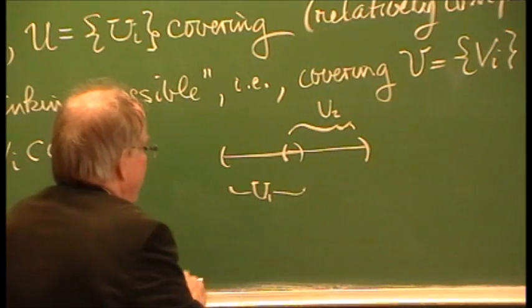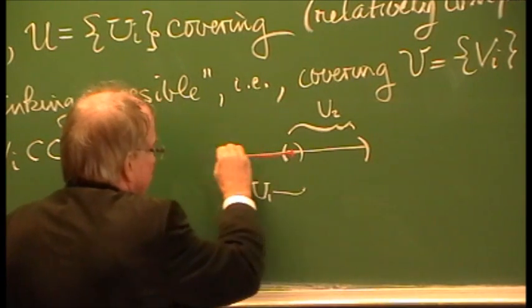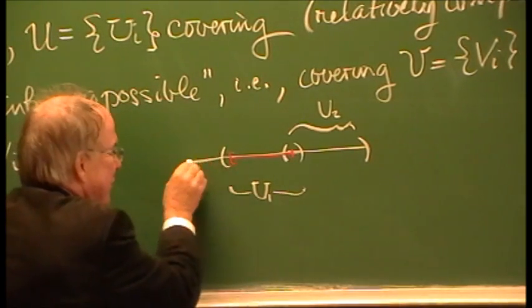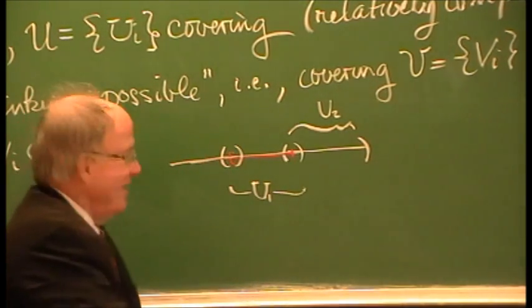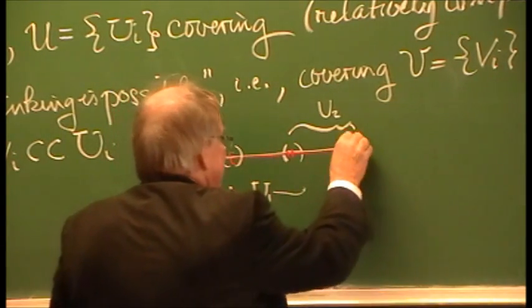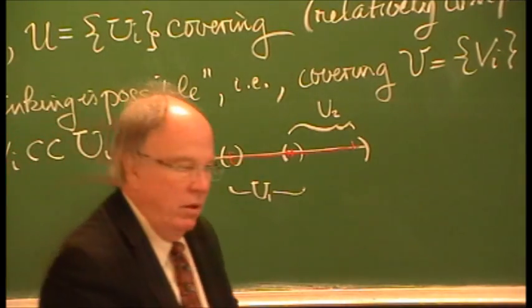And then, well, you see, I shrink a little bit here. Well, I have to have U3 here too. You see, I have U3 here. Yeah. So I shrink a little here, and I shrink a little here, and I still have a cover. Just a little shrinkage, you still have a cover. So you can prove that.